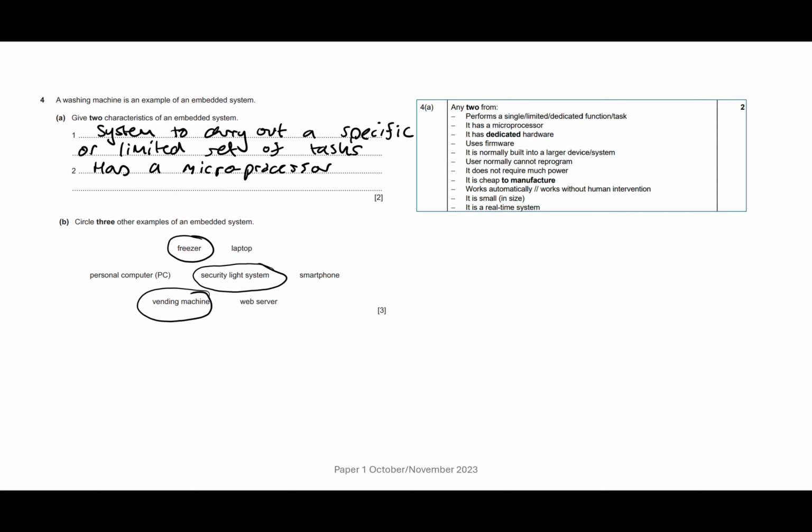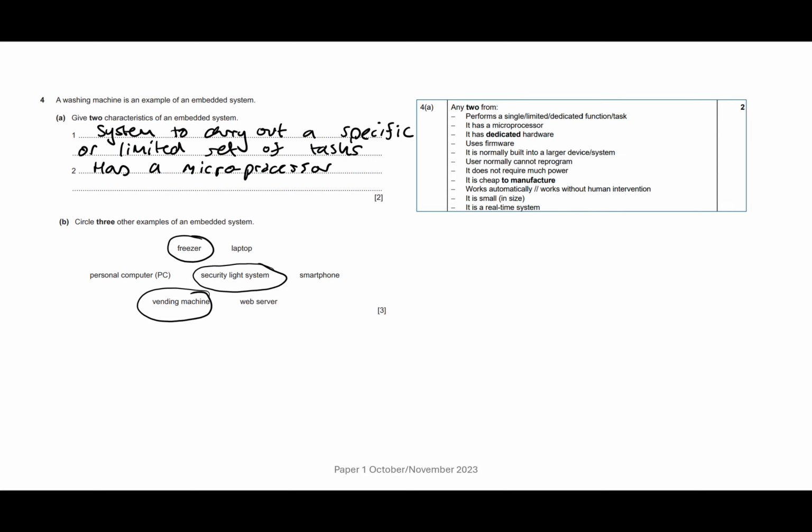And what else have we got that's any good? So dedicated hardware, so it can only do one thing. Firmware, so that's really talking about the microprocessor and having the software and hardware built into a device that you can't change.